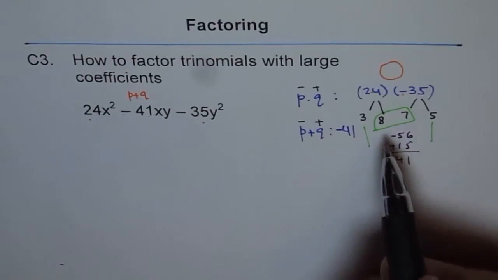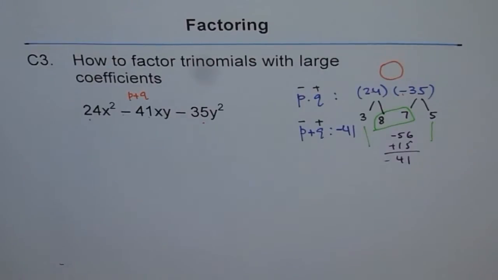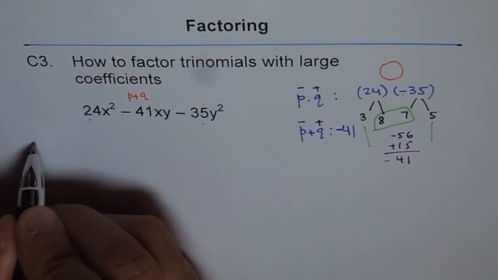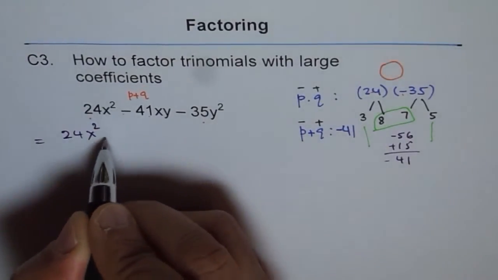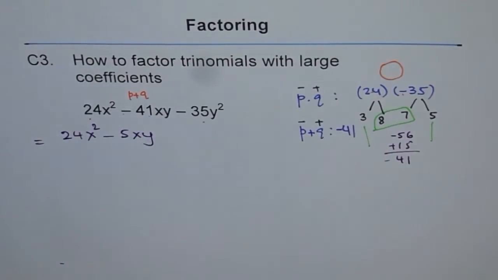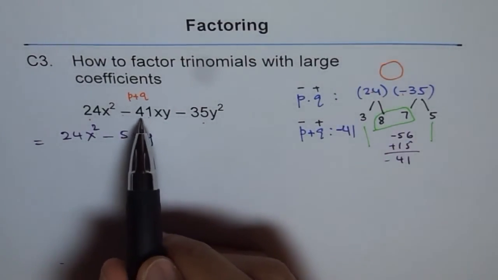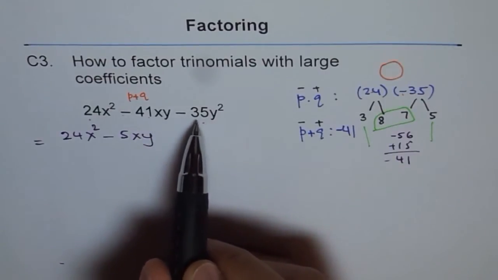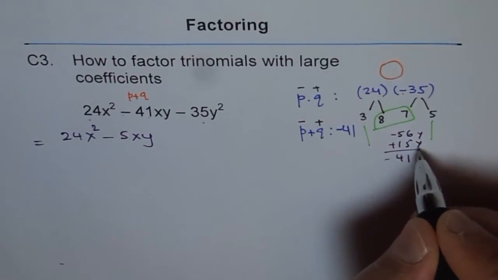So let's go with our magic numbers 56 and 15, and then figure out how to factor this. So we have this already. You get 24x squared and minus 56xy. One more thing which I should tell you is that it's not just 41 here. It is 41y and 35y squared, correct? So with these numbers, we'll add y here.